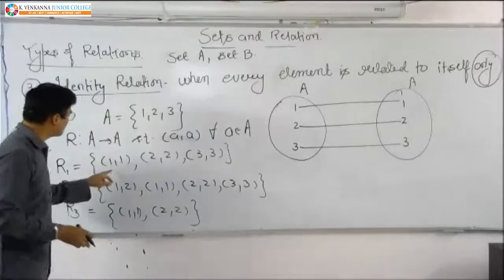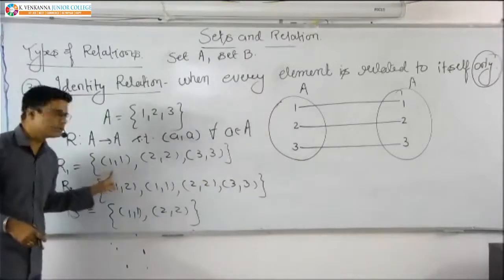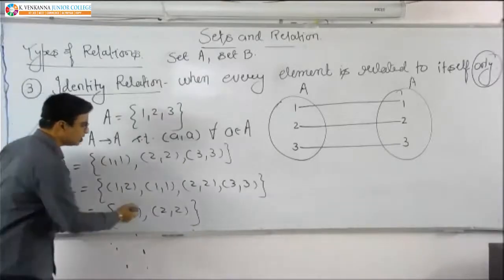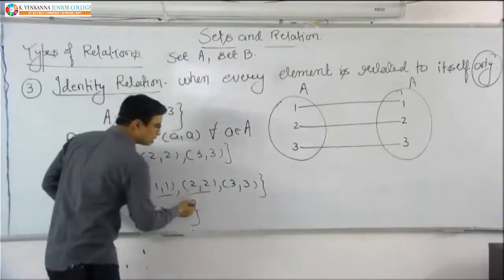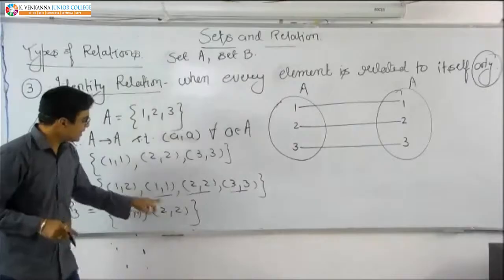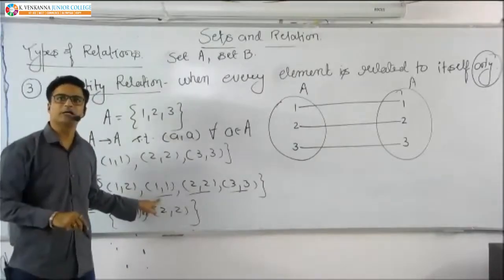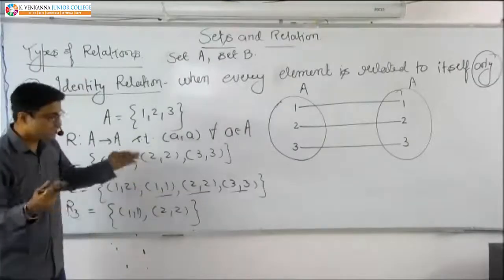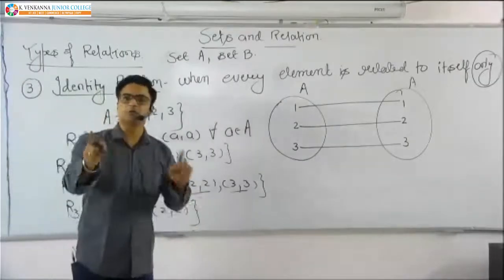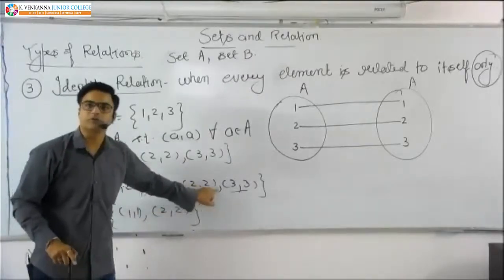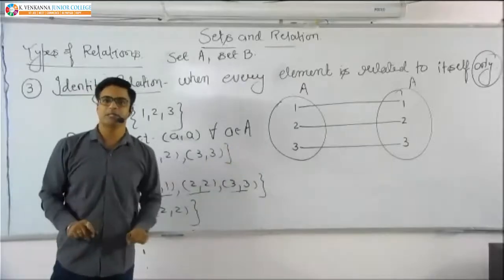Anyway, if we look at R1, then we see, okay, first let's come to R2. In R2, we have (1, 1), (2, 2), (3, 3). That means every element of set A is connected to itself. In R2, 1 is connected to 1, 2 is connected to 2, 3 is connected to 3. That property is satisfied.